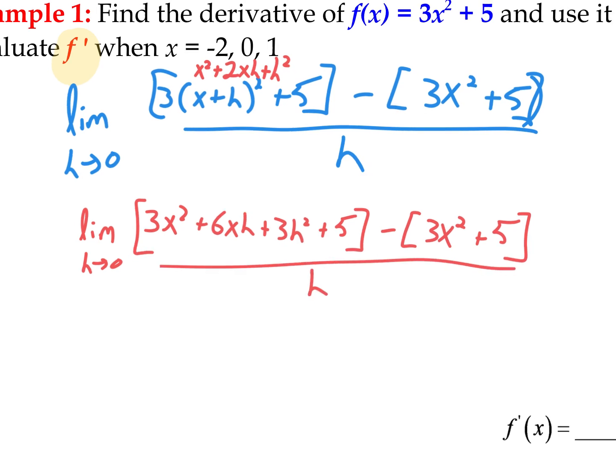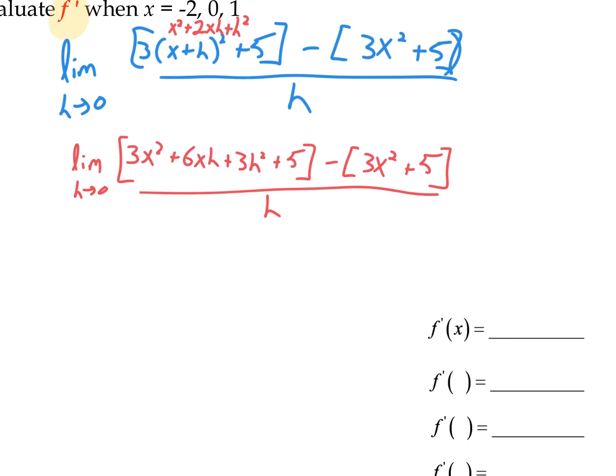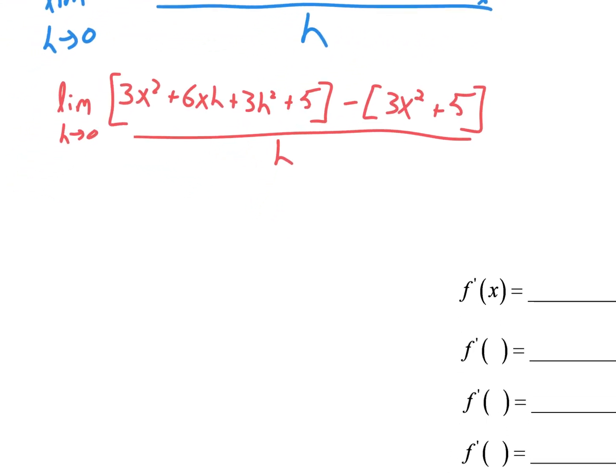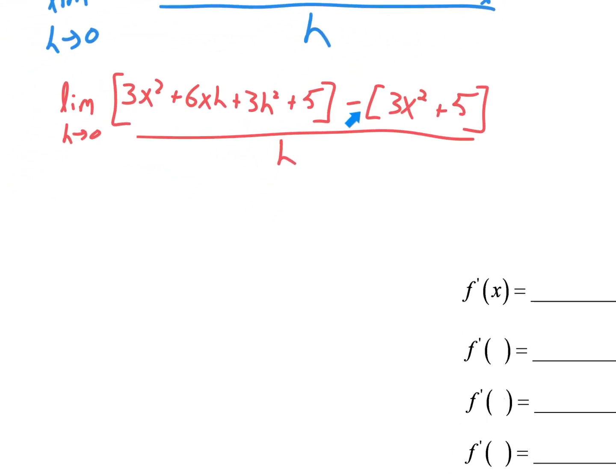At this point, we should see things that start to cancel. One thing that I'm noticing is this minus sign is going to affect everything that comes after it. So if I wanted to strip away those grouping symbols, this would be a minus 3x squared, and then this would be a minus 5. These grouping symbols on the first function aren't really doing anything anymore, so I can get rid of those.